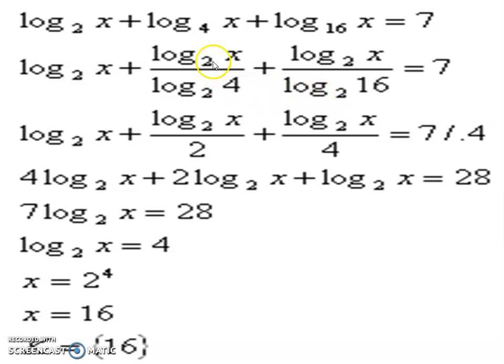So we can apply the first part of the change of base rule, log a over log b, with base 2 instead of x. The same trick applies for the second term. Now we have log x to the base 2.